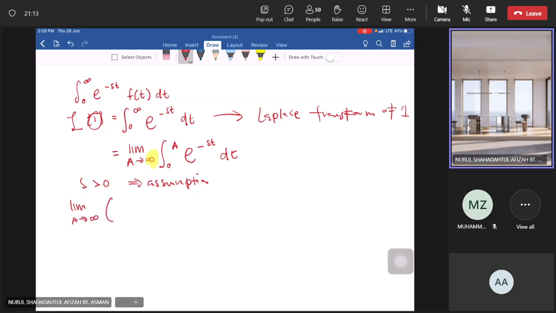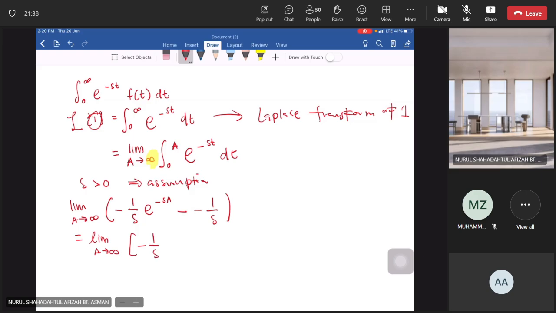With limit a to infinity, this equals 1 over s, because we assume this term equals 0, because the value is e to the minus of infinity, because we replace it.